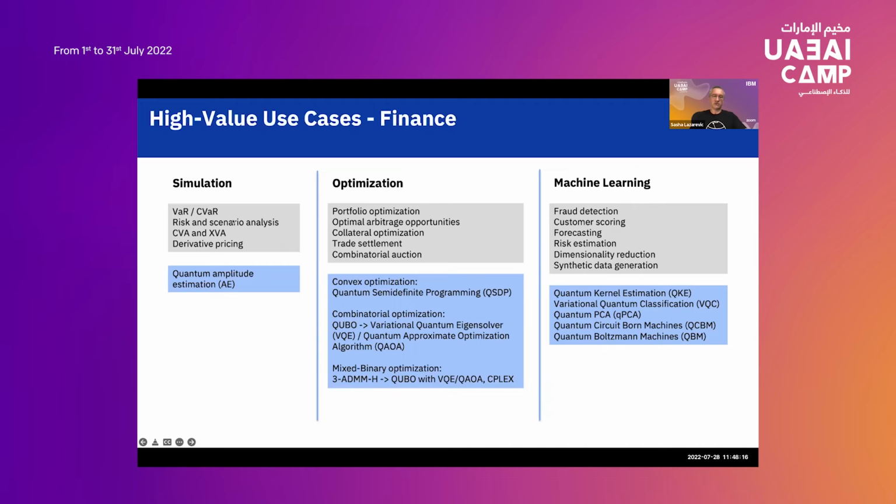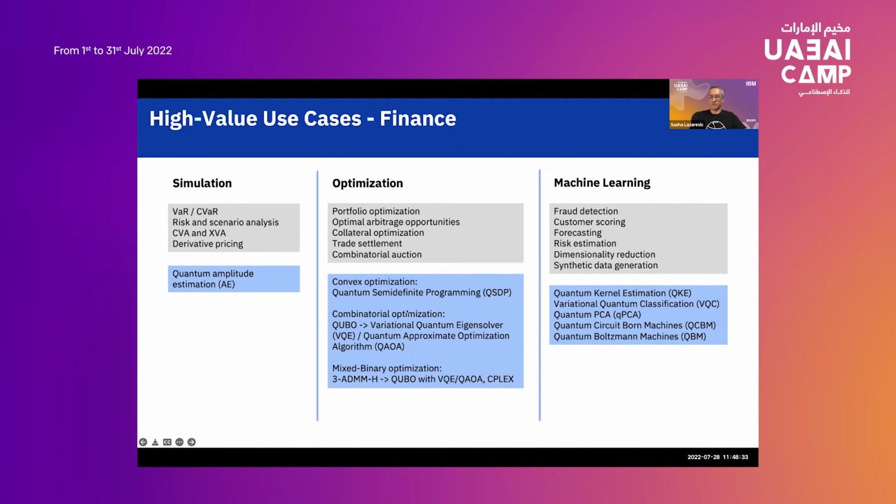Value at risk, risk and scenario analysis, derivative pricing in finance. So what is the algorithm that we can use? Quantum amplitude estimation. Here you can see the names of different algorithms that have already been developed and worked out. So this already exists.